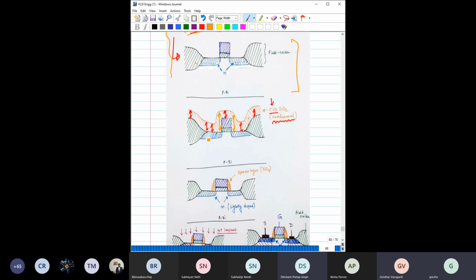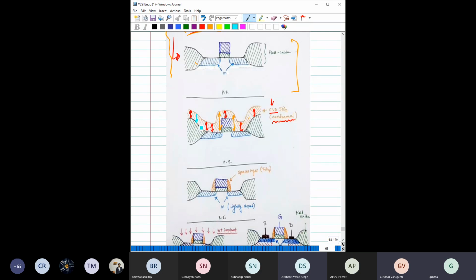Then you etch the silicon dioxide exactly by this amount. You have different dry etching techniques, so use those to etch this oxide layer by this amount. You etch this amount here, and here also this amount.